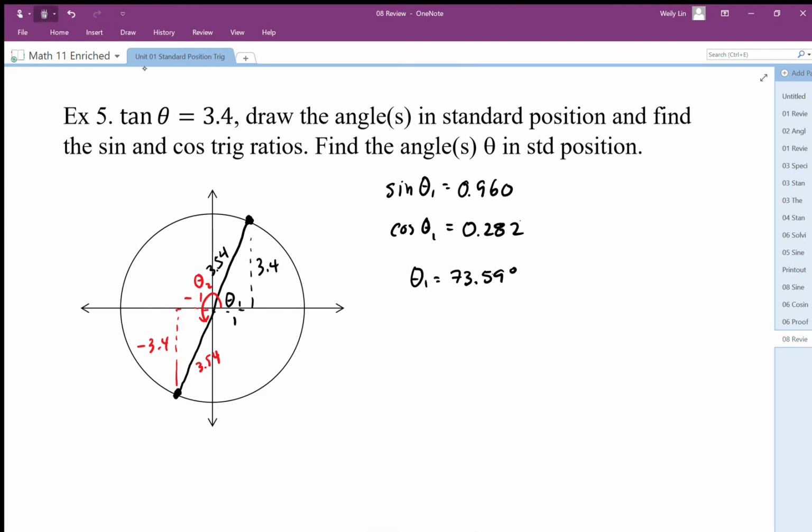I also have to do my theta 2. Now, I don't really need to do any calculations here because of the symmetry of this slope. And I know that if my sine is positive in this quadrant, it's the same sine but negative in quadrant 3. If my cosine is positive 0.282, it's going to be the same but in the opposite direction, so negative 0.282.